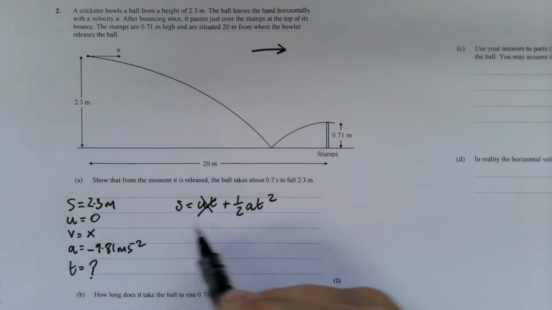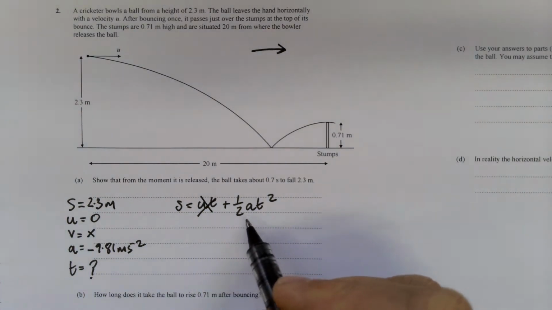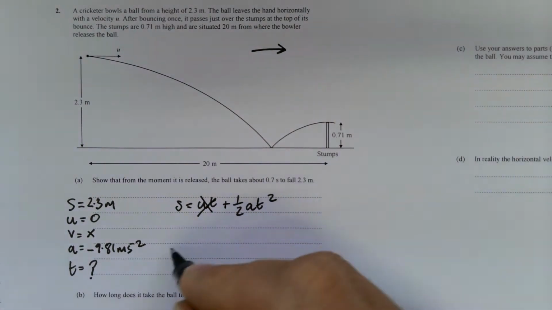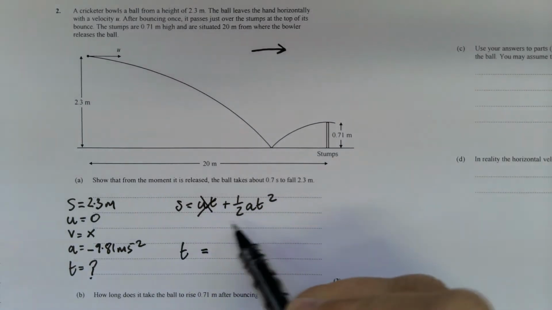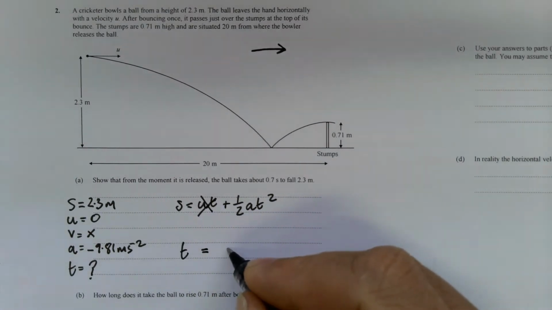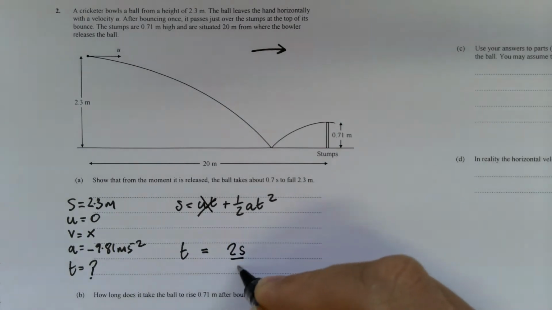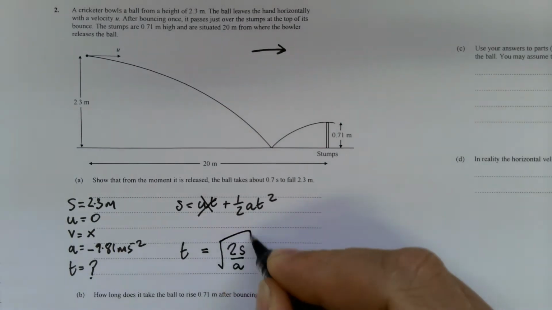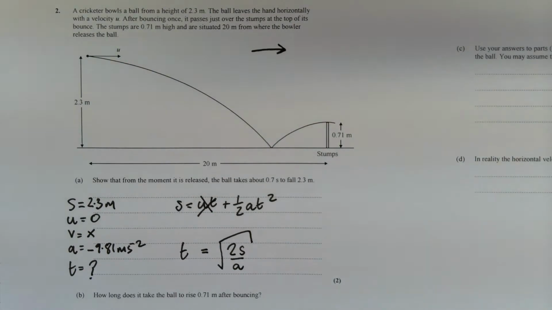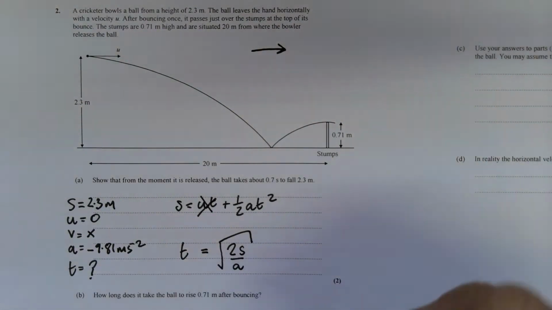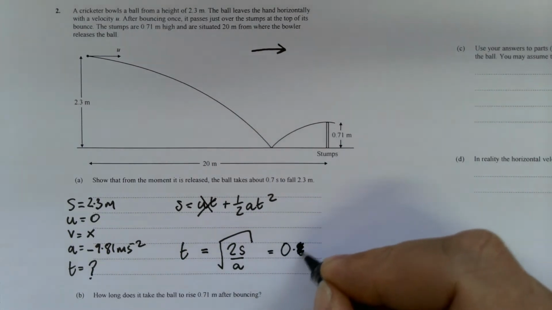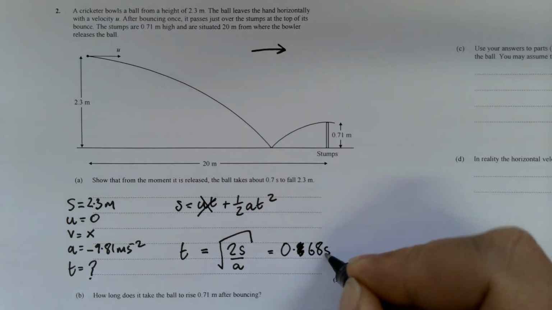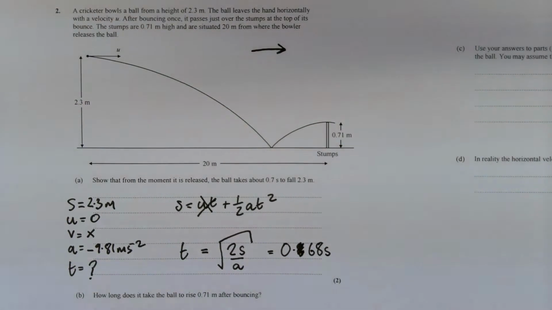So it becomes S equals half AT squared, and we want to find out T. So T squared is 2S over A, but you've got to remember to find the square root of that. And I think that comes to 0.68 seconds. And that's that one.